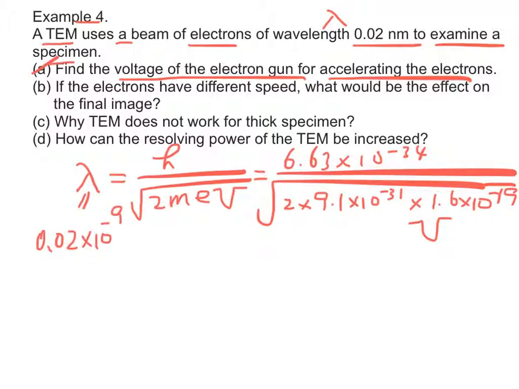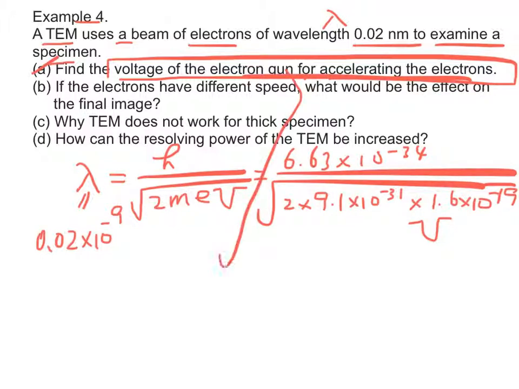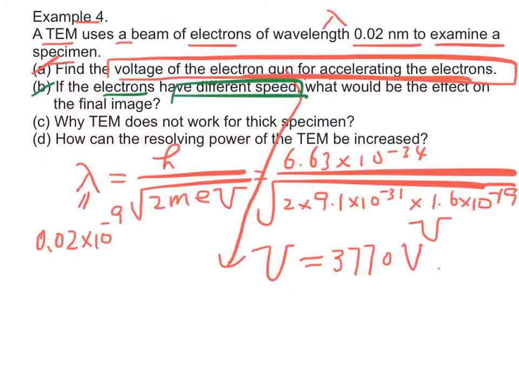We got the voltage of electron gun for accelerating the electrons, V, to be equal to 3,770 volts.